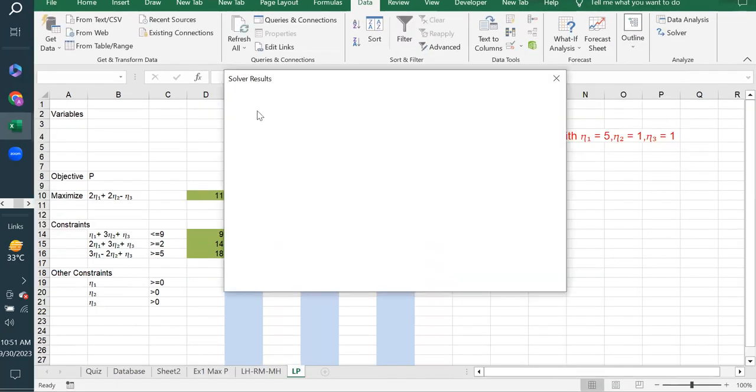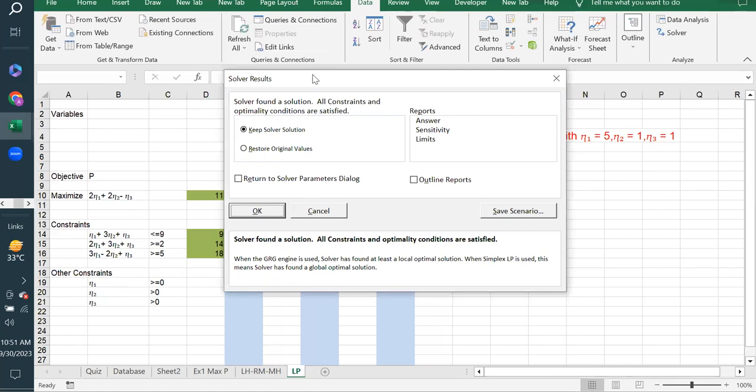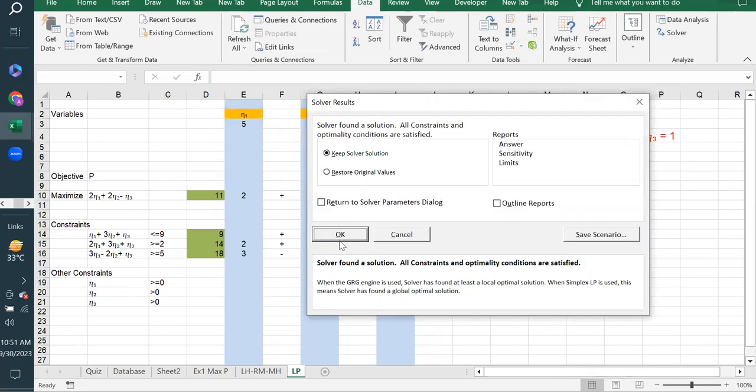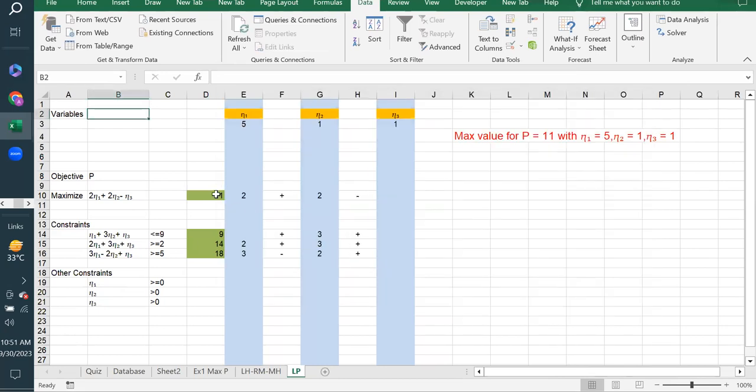Right. So it has come up with the solution, that's 11. So this is how we use the solver for arithmetic computation and algebraic equation solutions.